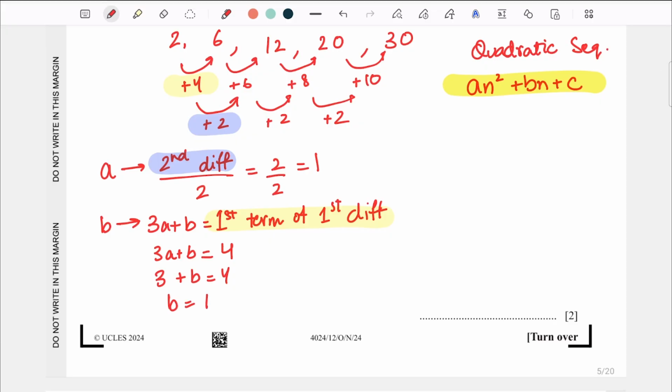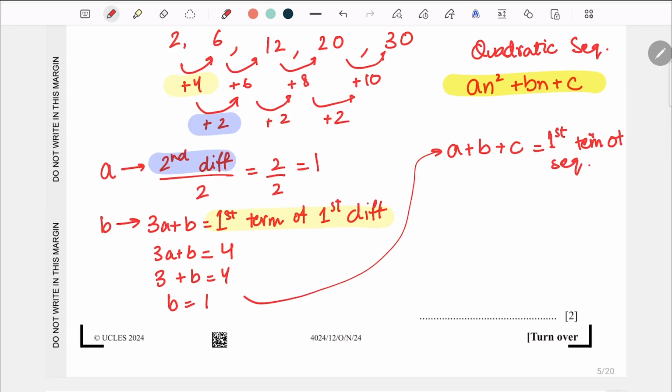Then the general formula to find c is a plus b plus c is equal to the first term of the sequence. Here the first term of the sequence is 2. So a plus b plus c is equal to 2.